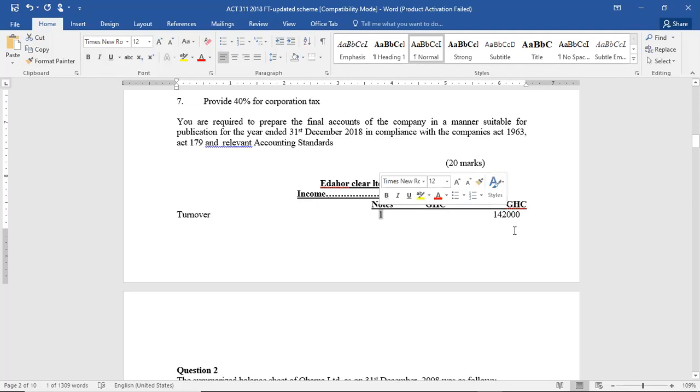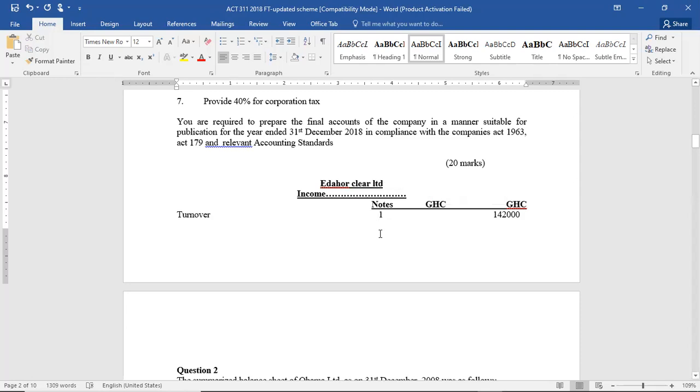So if you put here 142,000 and they pick your marking script or your answer booklet, and there is no workings to where this 142,000 came from, it's wrong. So you don't chew and pour figures. You do proper workings to show how you came about that particular figures over there. So this is how you are going to do the presentation as we go forward.